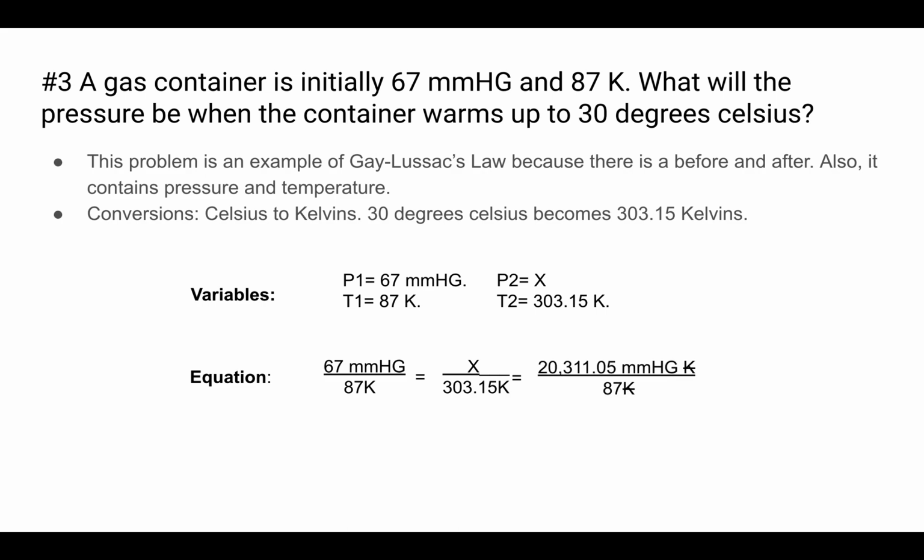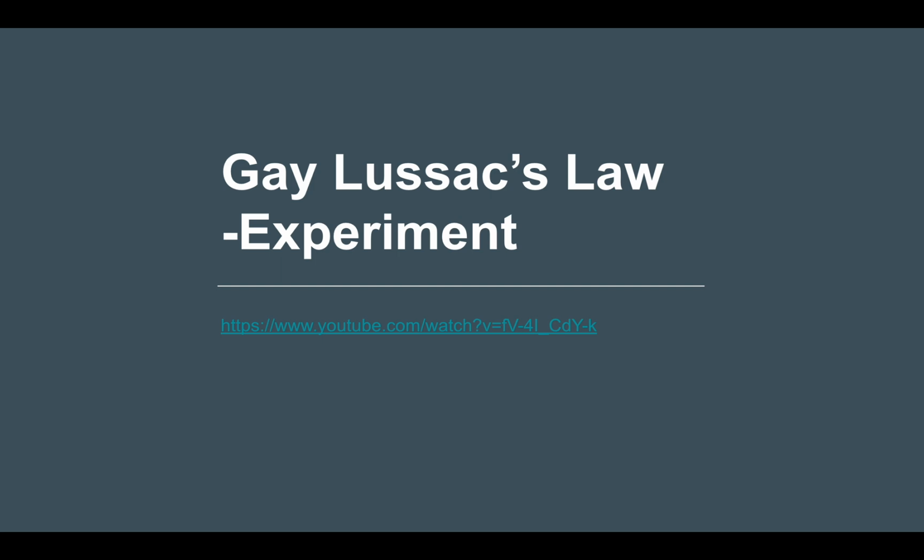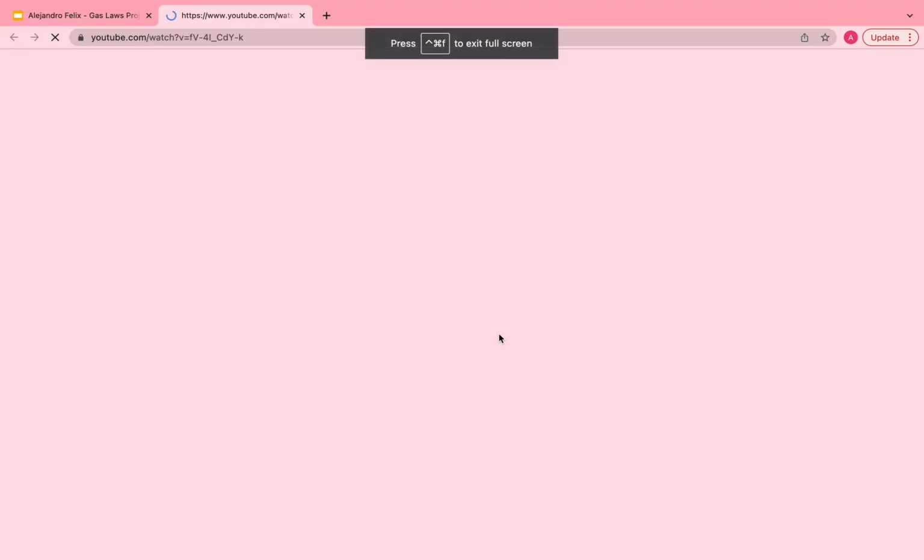When cross multiplied, it's 20,311.05 millimeters of mercury, and you cancel kelvins, and you divide it by 87, and your answer for the second pressure would be 233.46 millimeters of mercury. And this is my Gay-Lussac's law experiment.